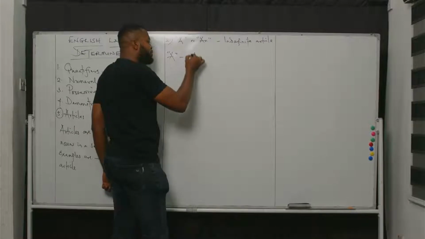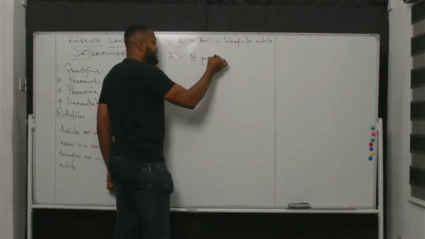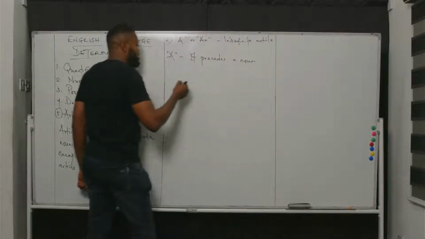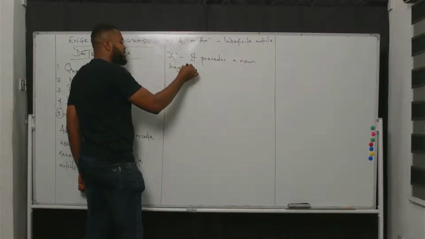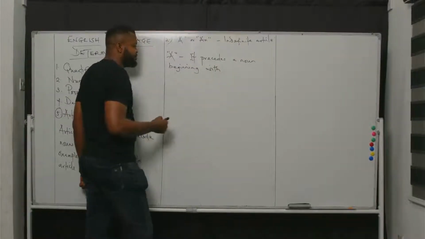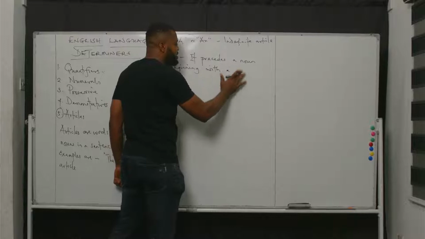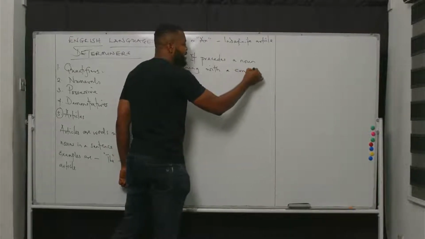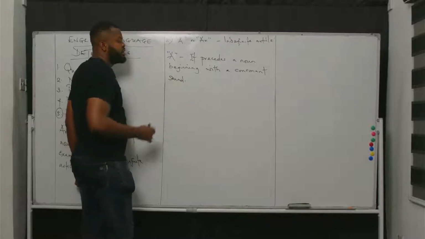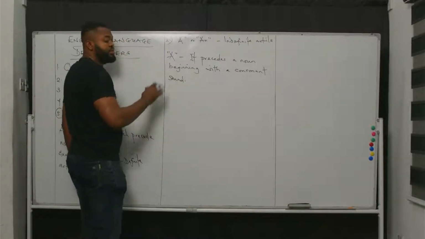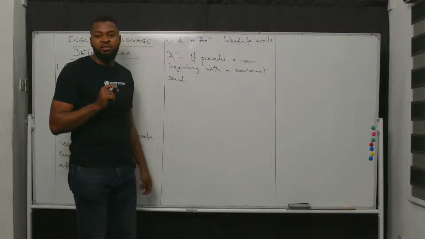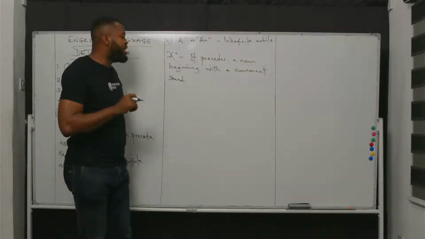So the rule is it precedes a noun beginning with a consonant sound. Please pay attention. So anytime you're to use the indefinite article A, it must precede a noun that begins with a consonant sound.